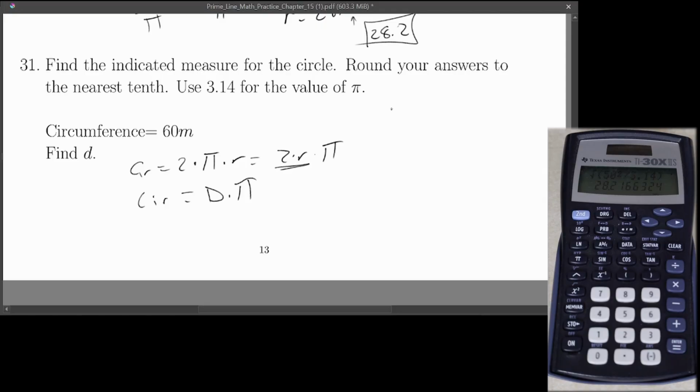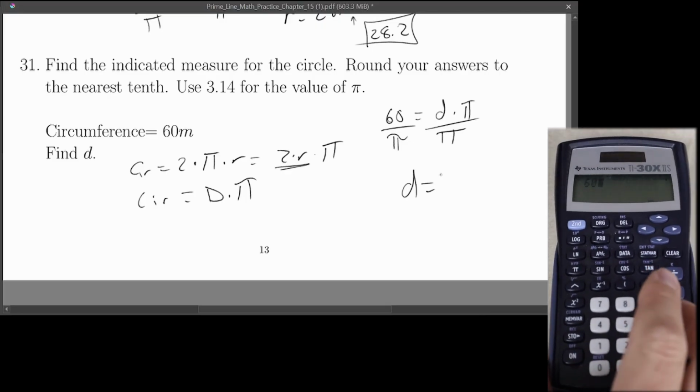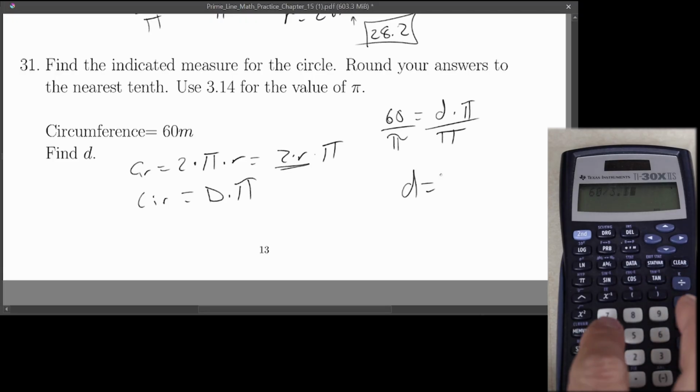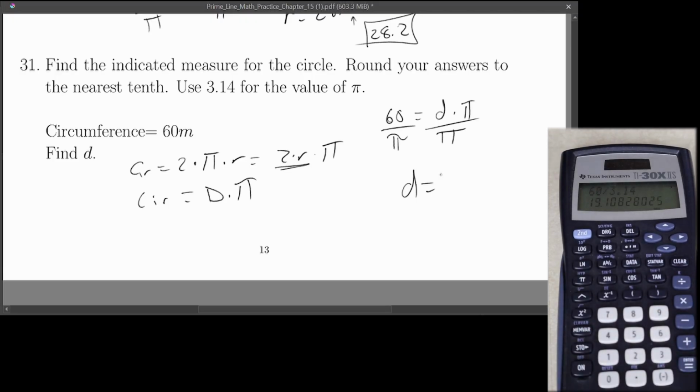So we can say that 60 equals our diameter times pi, divided by pi, and we get our diameter equals 60 divided by 3.14. We get 19.1082, and we're rounding to the nearest tenth, so 19.1.